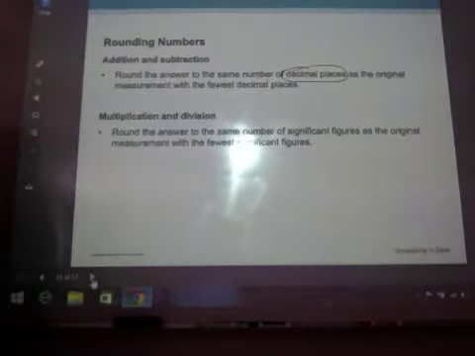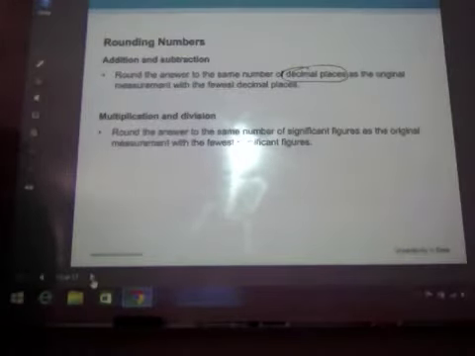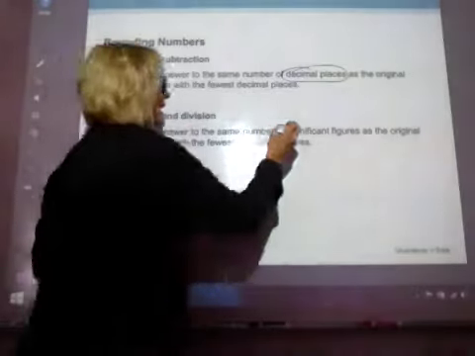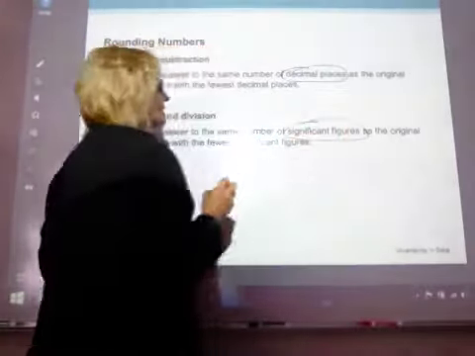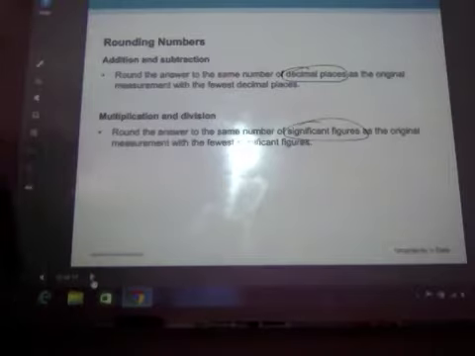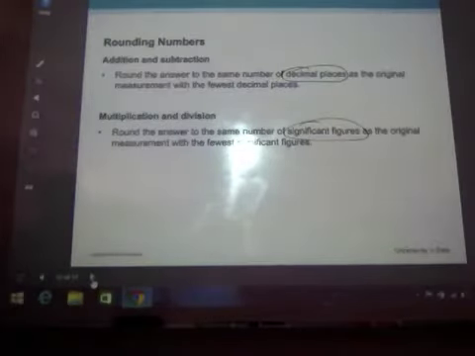Circle that on your notes, and I'll do examples in a little bit. When you multiply and divide, you look at significant digits. So you treat adding and subtracting differently than multiplying and dividing. It is not treated the same way.